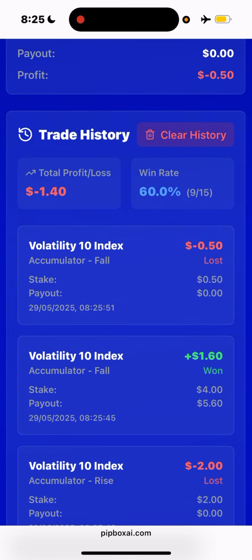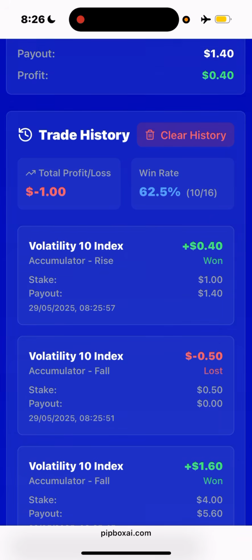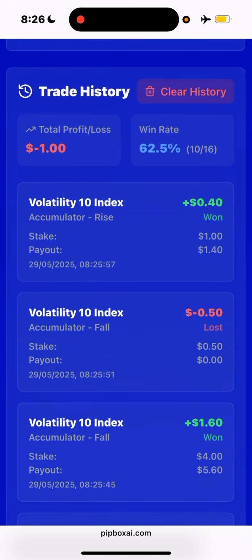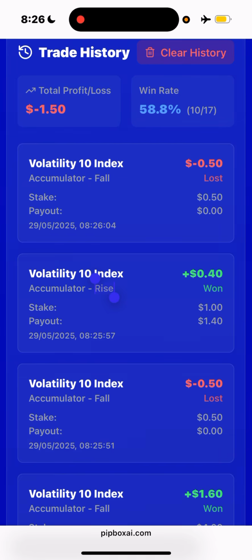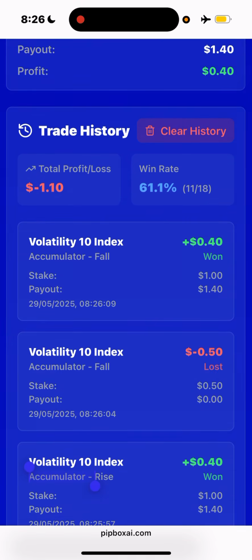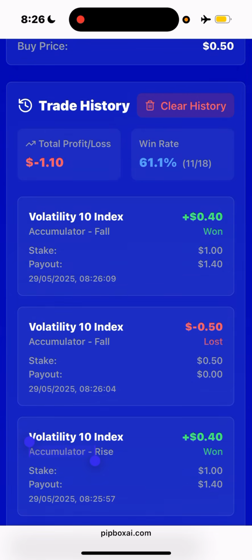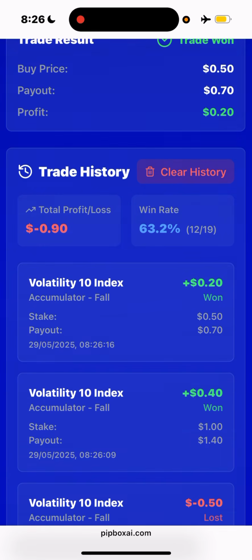Win rate is down to 60. I don't want the win rate to cross 50%, so I hope we'll get more wins this time. We are at 58. It's reducing. So let's hope to recover all this loss that we have made of 1 USD.